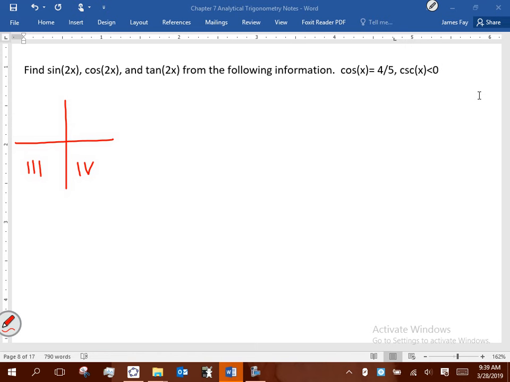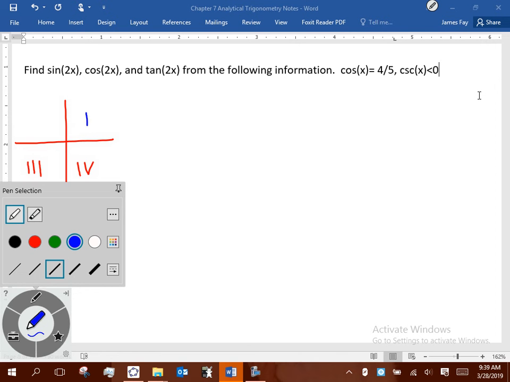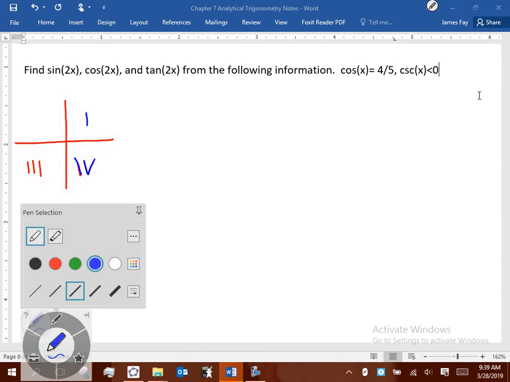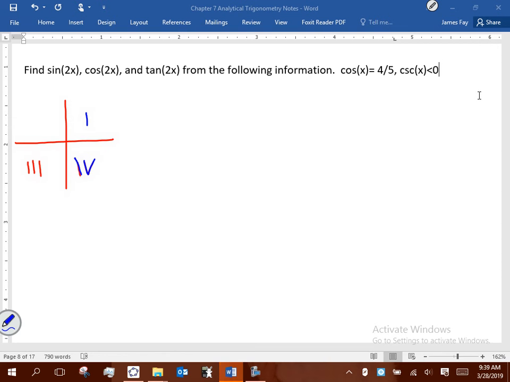What quadrant is cosine positive in? We're going to be positive here and there, right? Where do they overlap? Fourth quadrant. So that information tied together is implicitly telling me that our angle x is in the fourth quadrant.